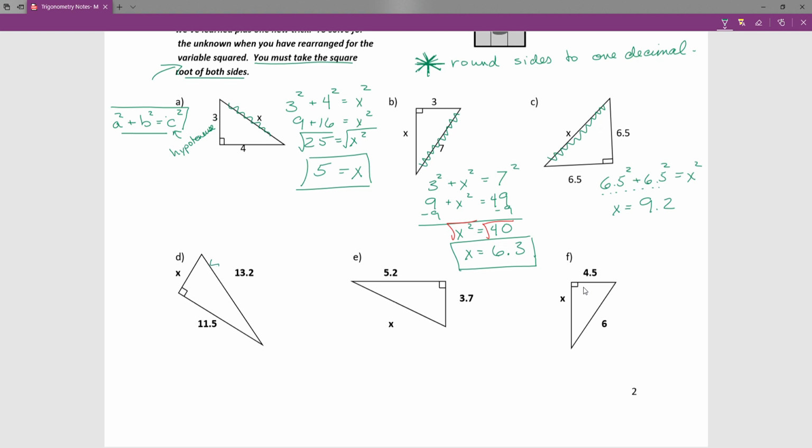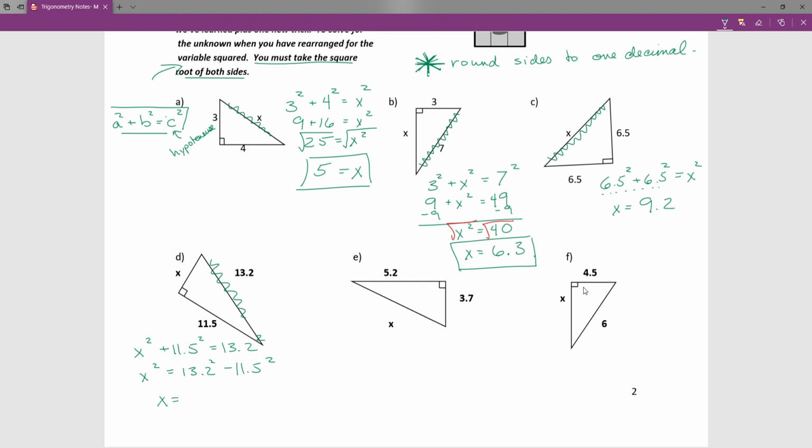So again, find your hypotenuse, the sum of the squares of the other 2 sides equals the square of that hypotenuse. You could rearrange these. You might have that x squared equals 13.2 squared minus 11.5 squared. And then you could do that on your calculator. You're going to have to remember to take the square root of both sides so that you can actually say what x equals.